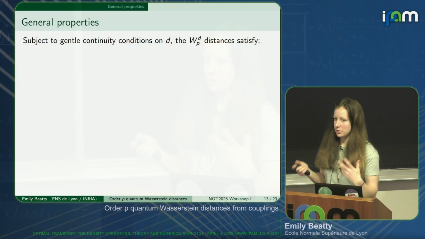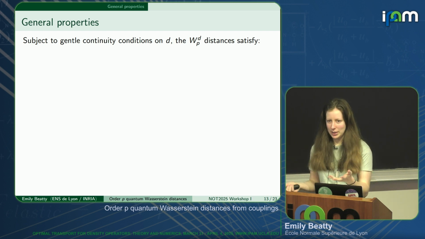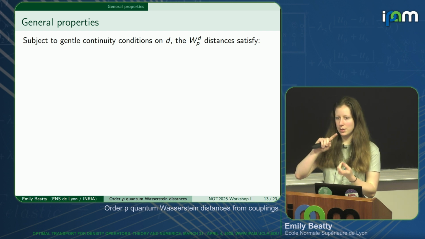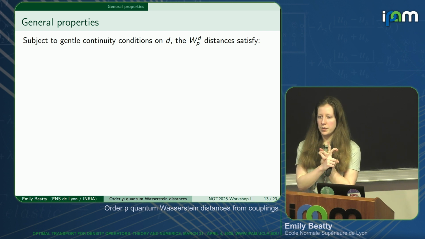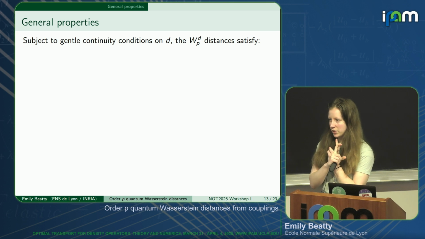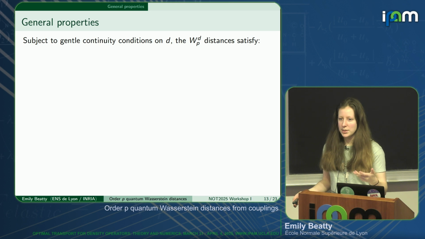So, what does this construction look like? As long as D is not completely pathological, and by that I mean that D is continuous, and that the 2 norm is Hölder continuous with respect to D, we get a lot of the desirable properties that you would hope for.